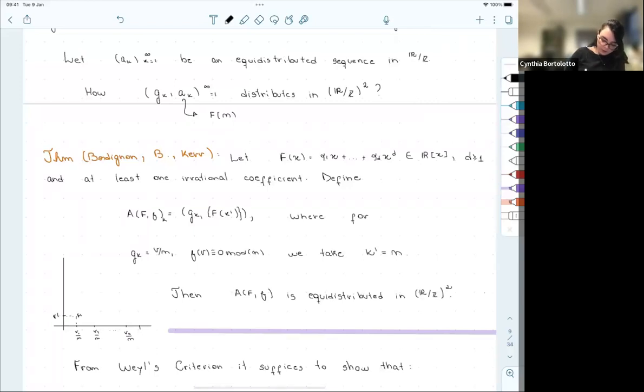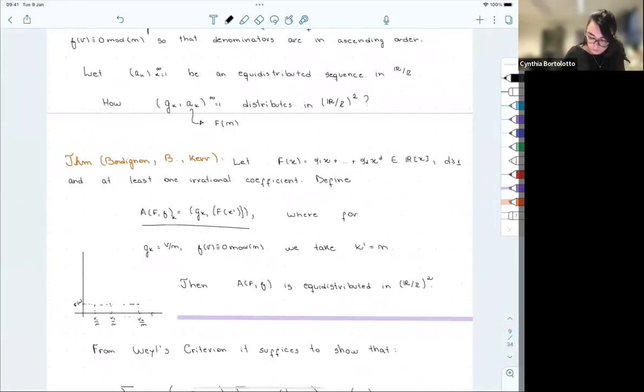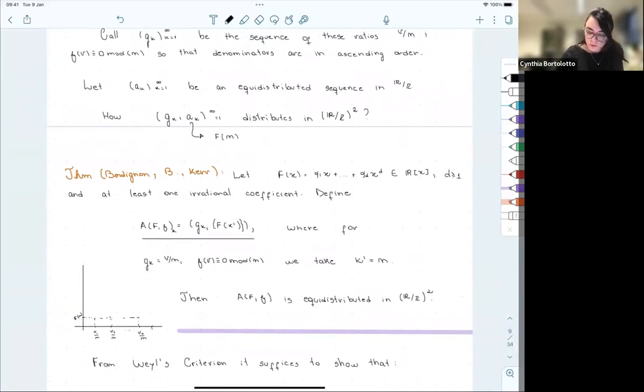So here's F of n, and then we take this, and we do this for every n to generate this new sequence. And what we showed is that for every polynomial like this, with at least one irrational coefficient, it holds that this new sequence is equidistributed in the Weyl sense.